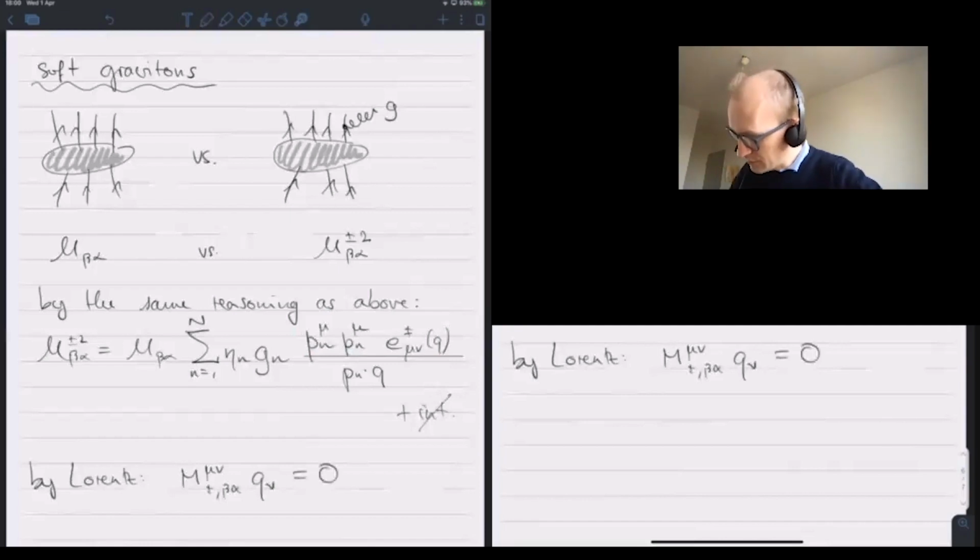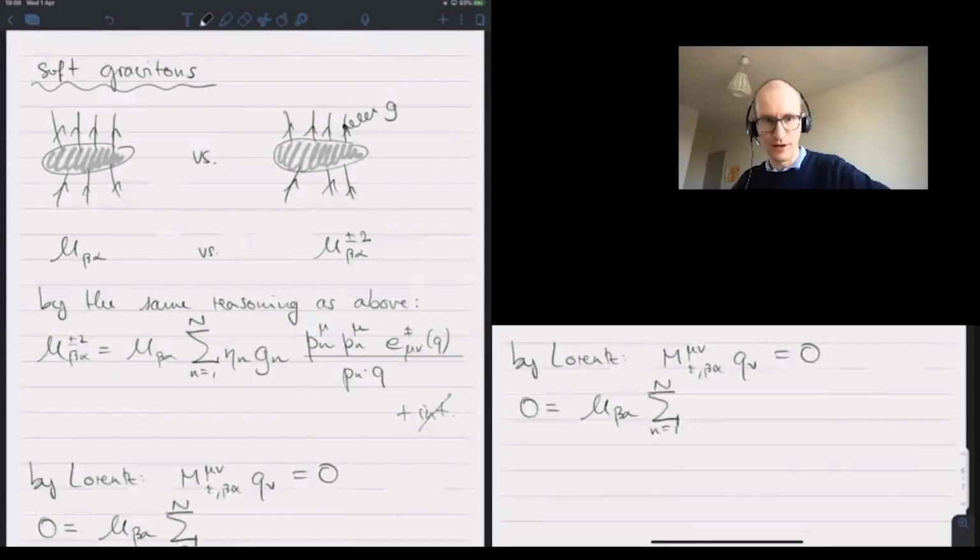And again, the expression for M mu nu is defined already thanks to the soft factor. So the equation that we get is 0 equals M beta alpha times the sum over little n from 1 up to capital N of eta_n G_n.